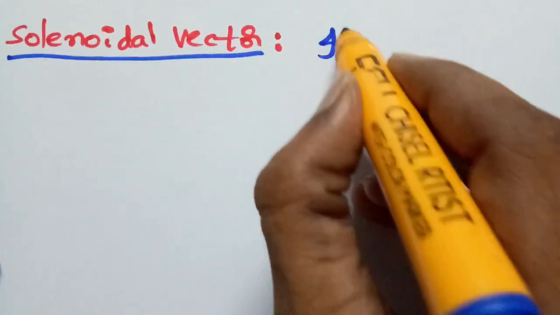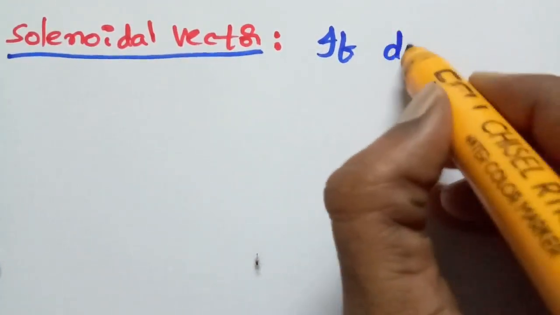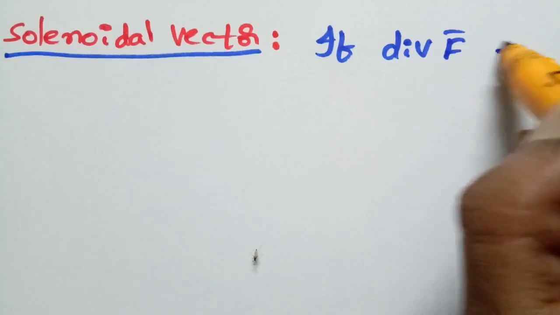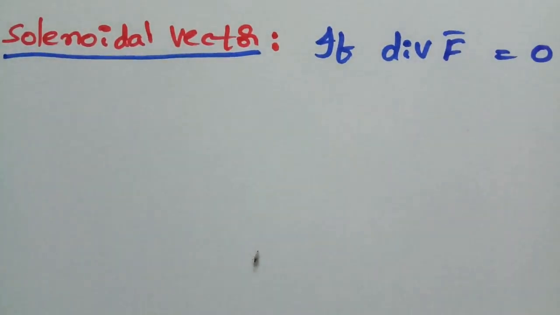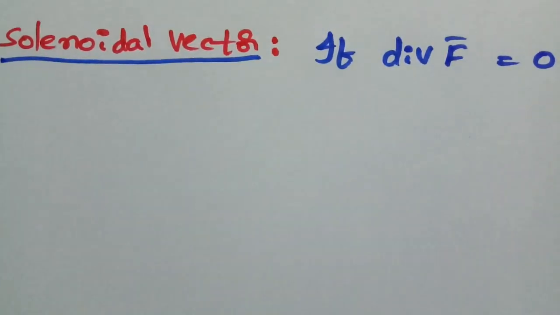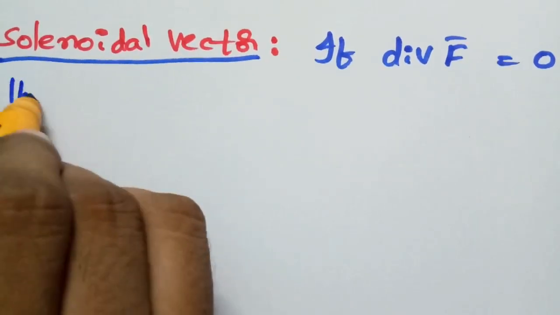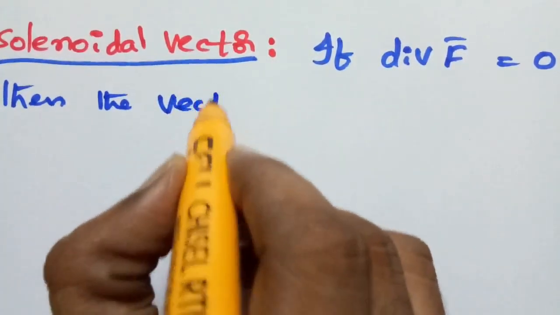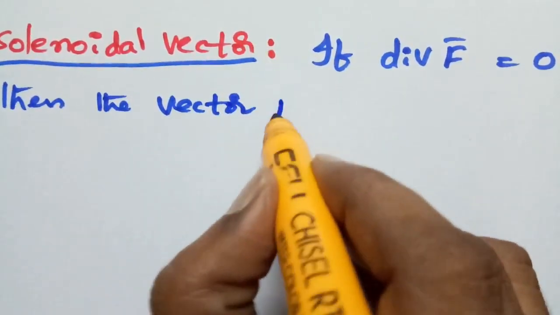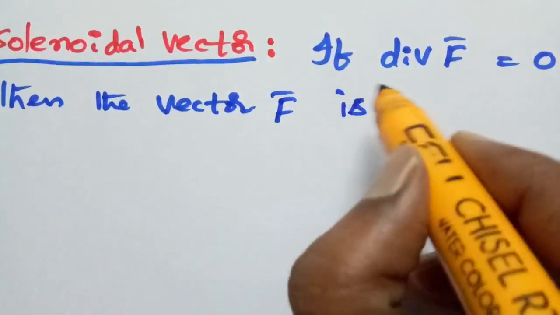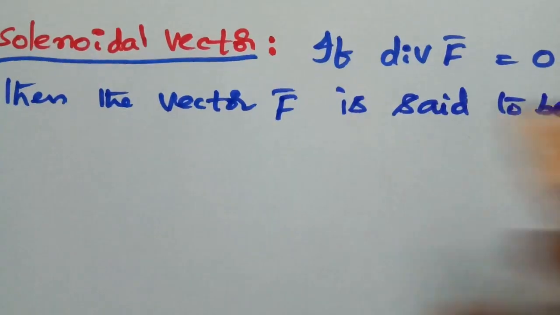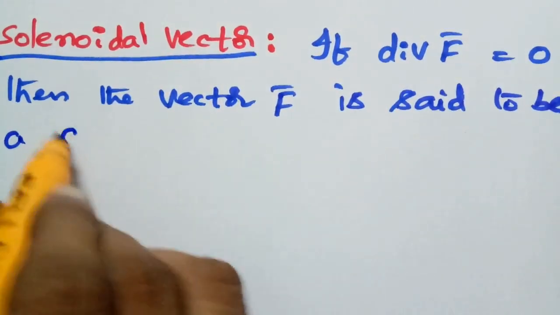If div F bar is equal to 0, then the vector F bar is said to be a solenoidal vector.